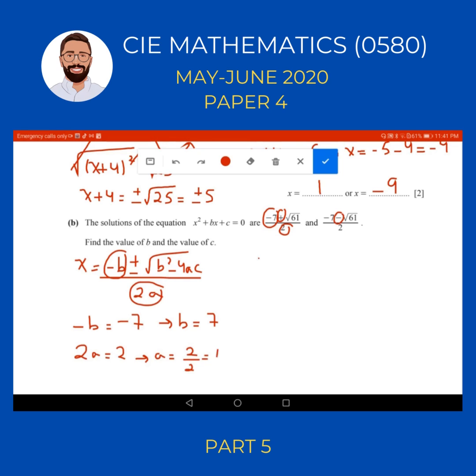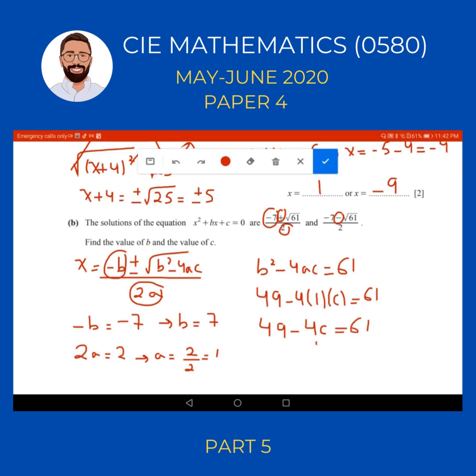Now b squared minus 4ac is equal to 61, the value under the root. And b squared is 7 squared, which is 49, minus 4 times a, which is 1, times c, and that's equal to 61. So 49 minus 4 times 1 times c, which is minus 4c, equals 61.